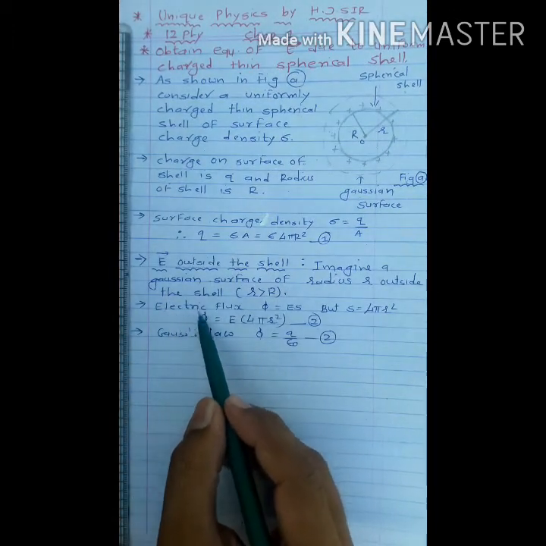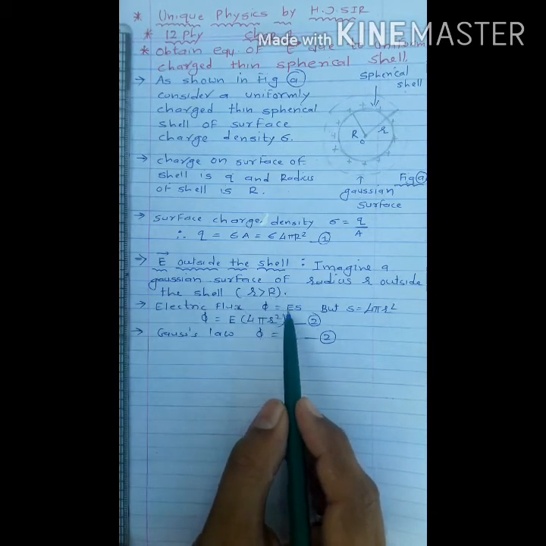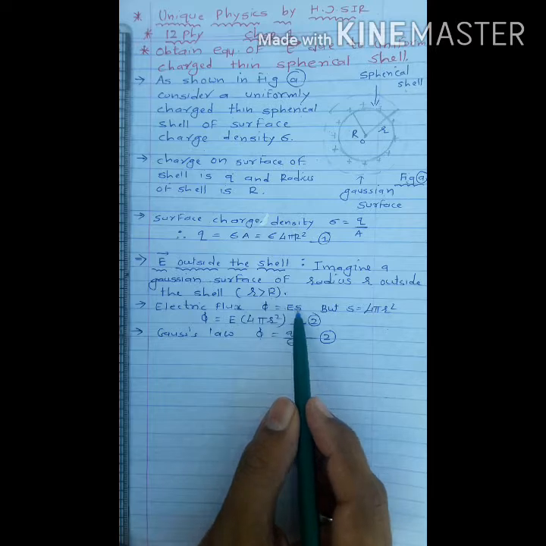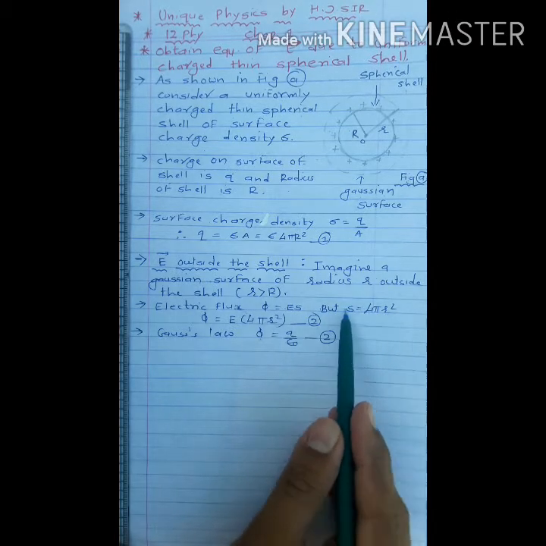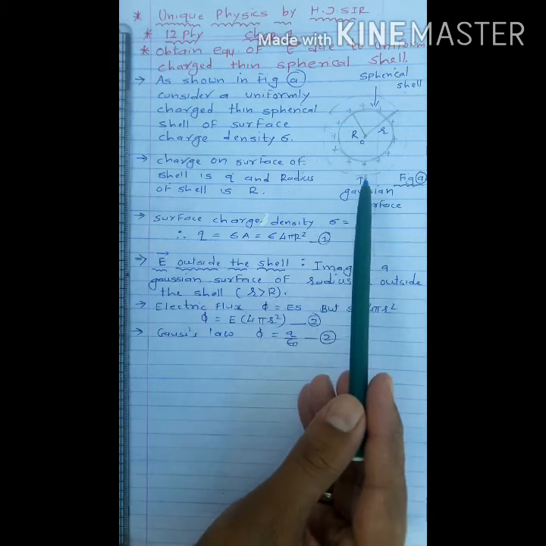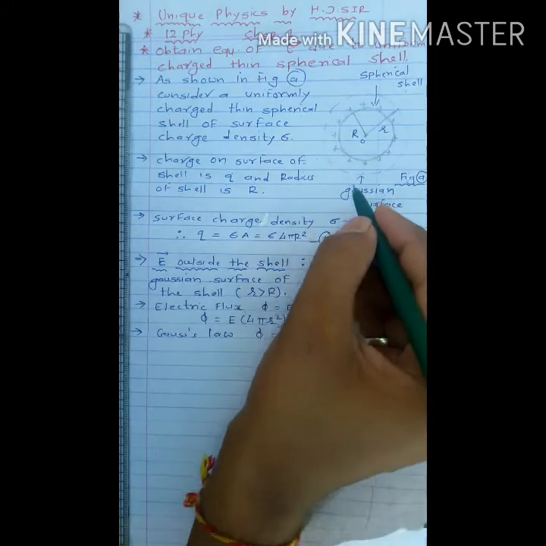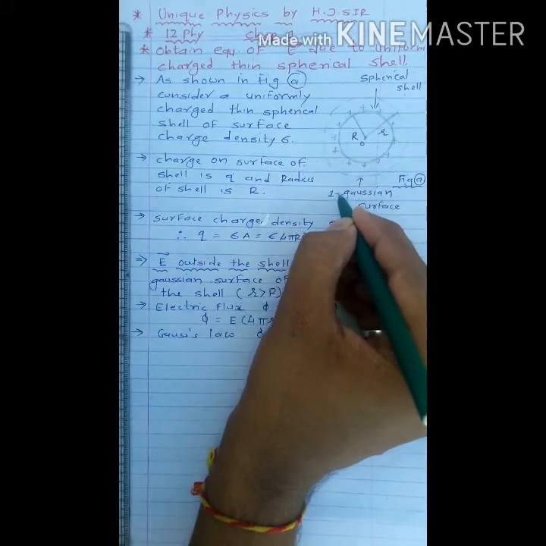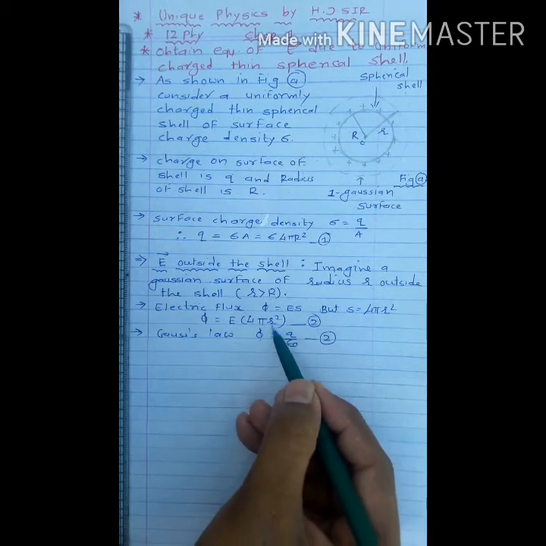First of all we use the equation of electric flux. Electric flux phi is equal to E into S, electric field into surface area. But here the surface area of this Gaussian surface, this is our first Gaussian surface, is 4 pi r square.